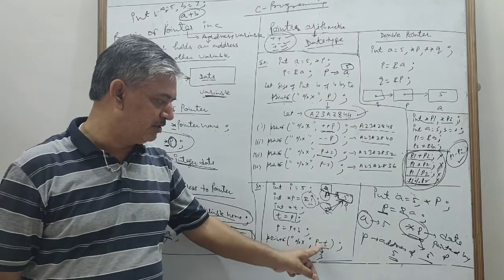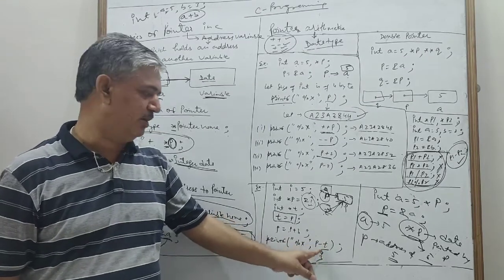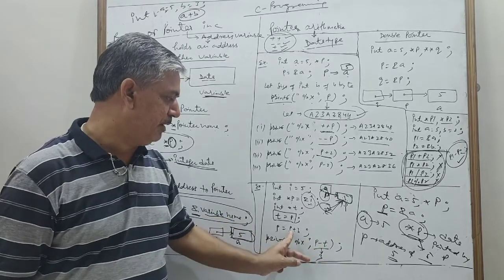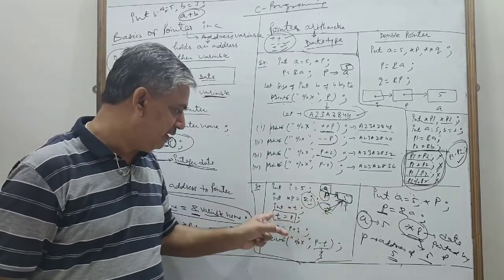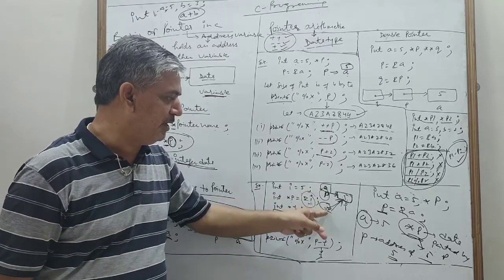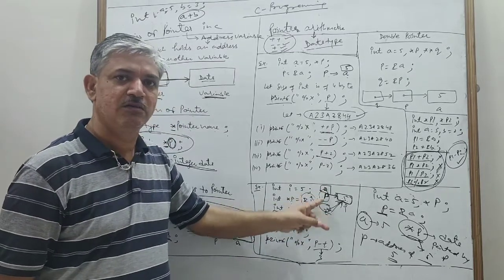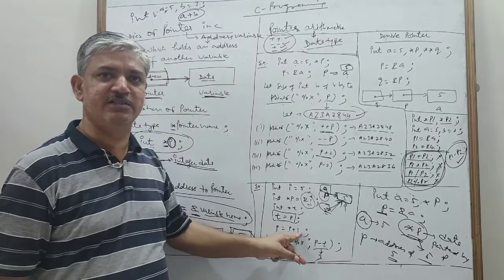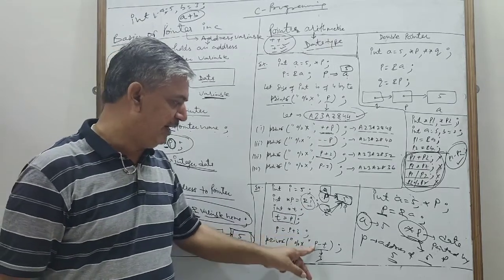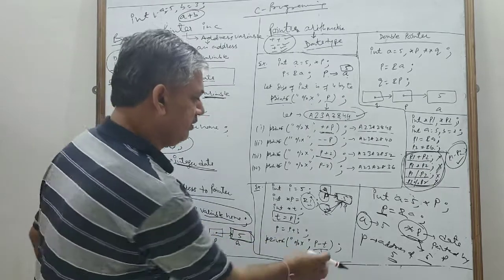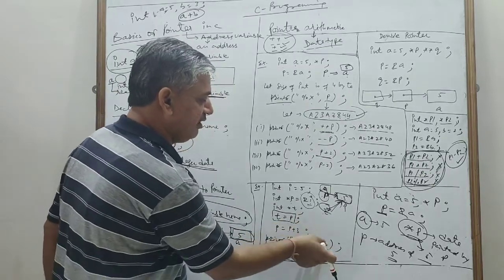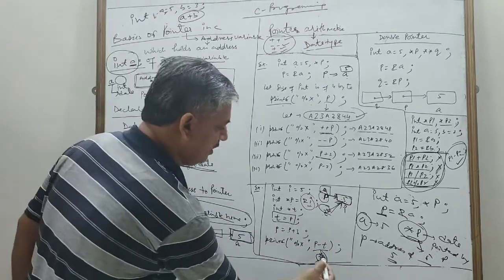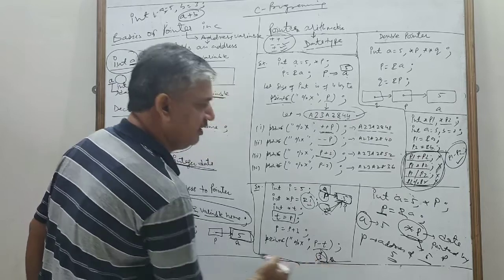So this subtraction operation is permissible. p - t is 3. At this point the values of p and t were the same, but here we increment p by 3 addresses. When we write p - t, the difference is 3 addresses, so we get 3 as the answer.